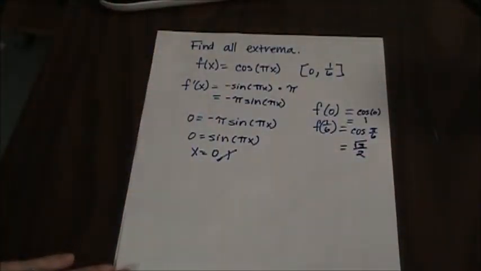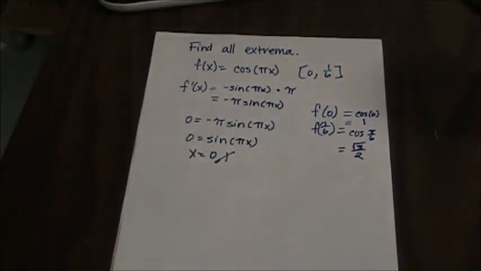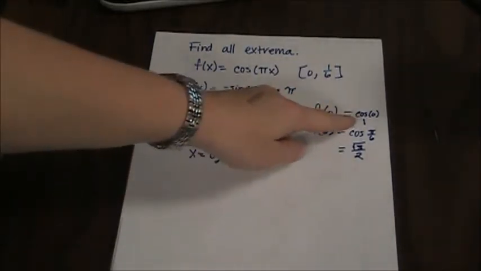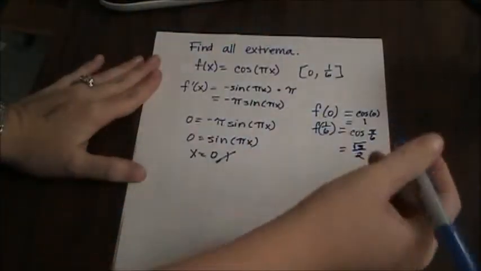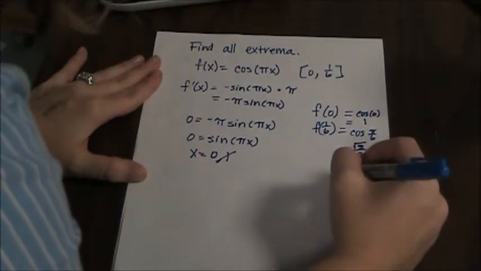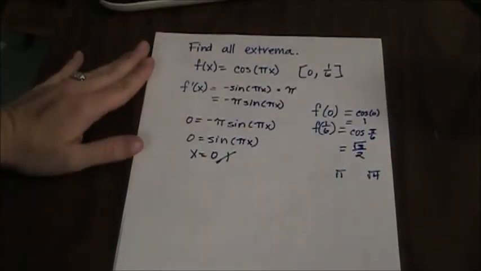Now, if you're not familiar with square root of 3 over 2, is that greater than 1 or less than 1? Well, we know that square root of 3 is between square root of 1 and square root of 4.